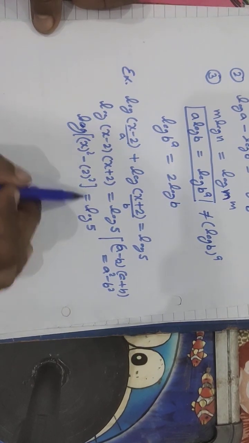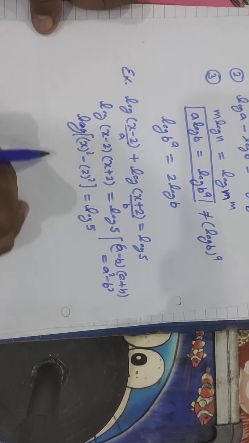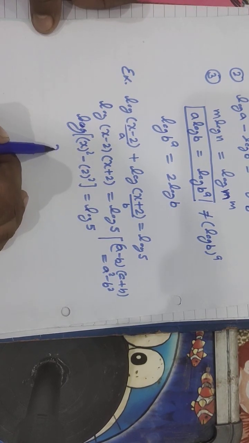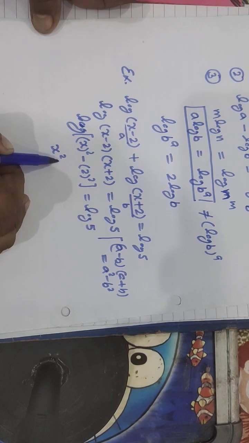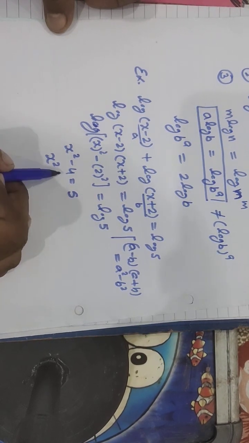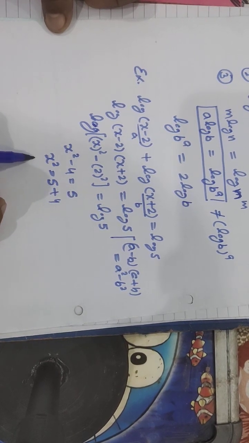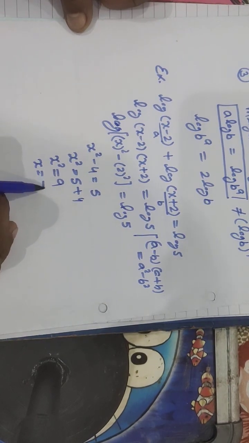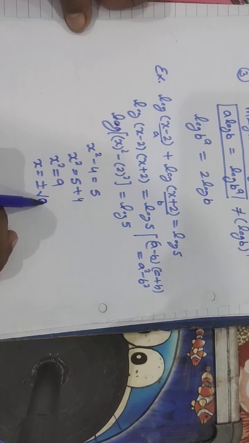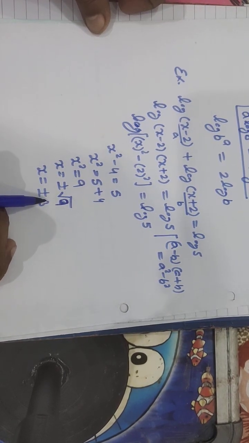Look at, both sides have a single log value, so we can leave the log and equate the numbers. So we get x square minus 4 equals 5. Further, 4 comes to that side and becomes positive, x square equals 9, x equals plus minus root 9, which gives x equals plus minus 3.